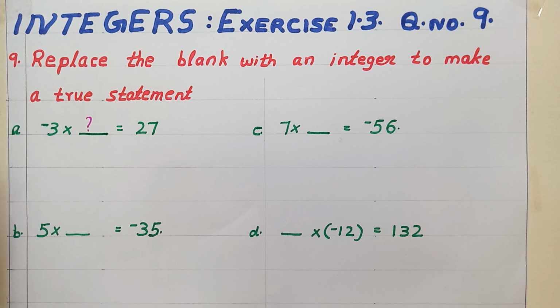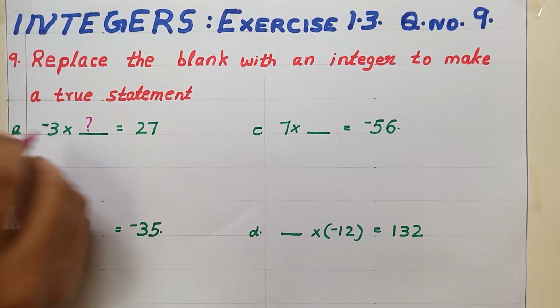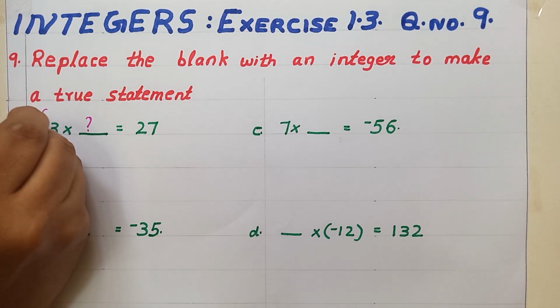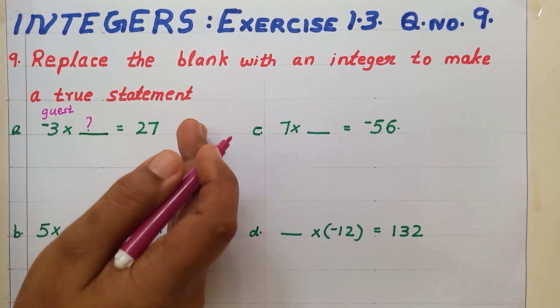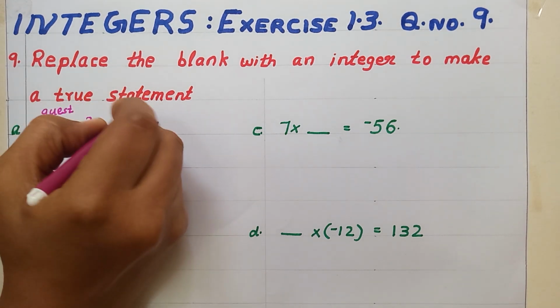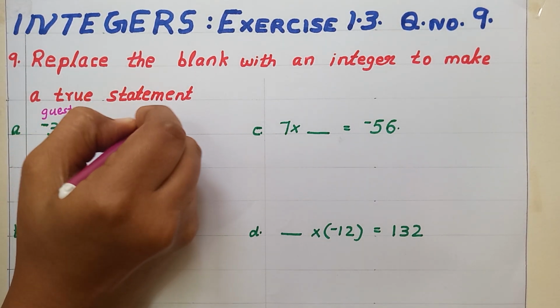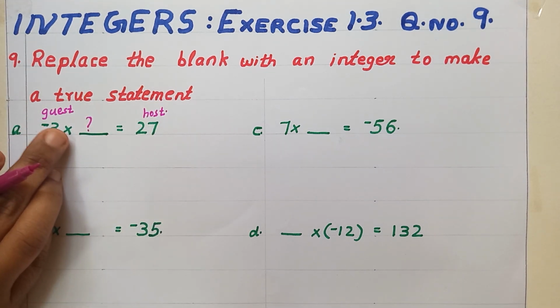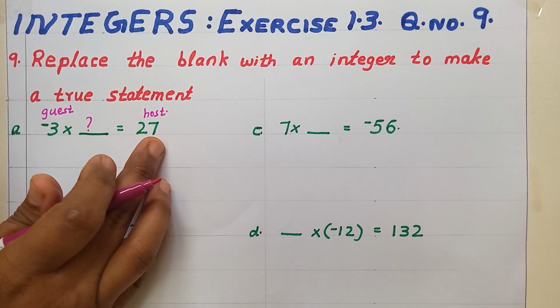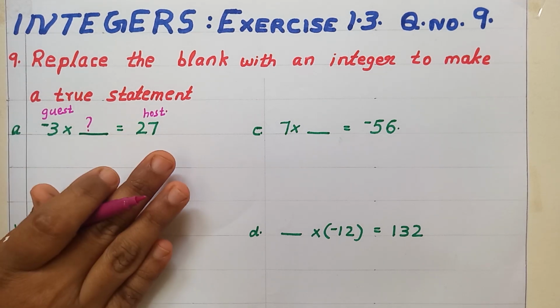So imagine that the left side of this equal to sign is the guest and the right side of this equal to sign is the host. Okay, so whenever a guest is going to the host's place, the host will be there.